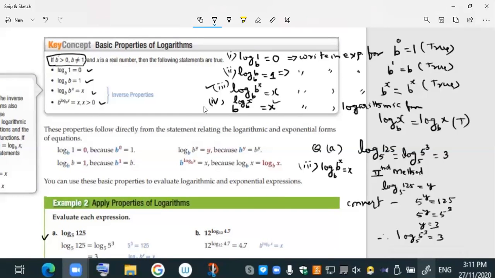But here you will have difficulty in question number B, this question. In this question, you can apply this exponential fourth part. So this question I will do now.